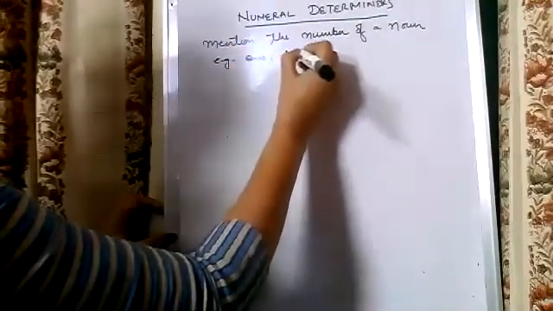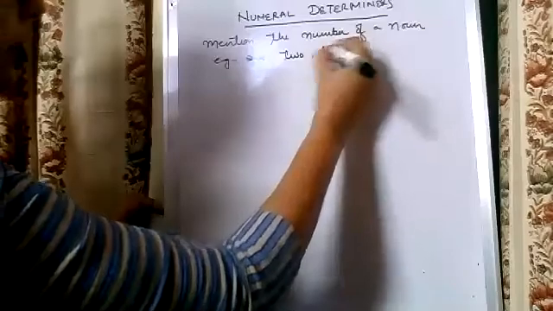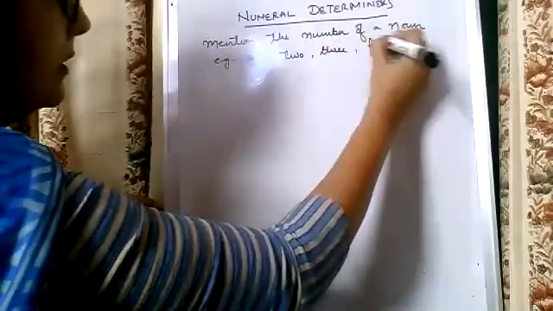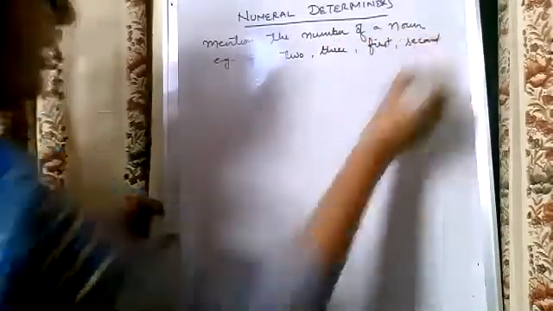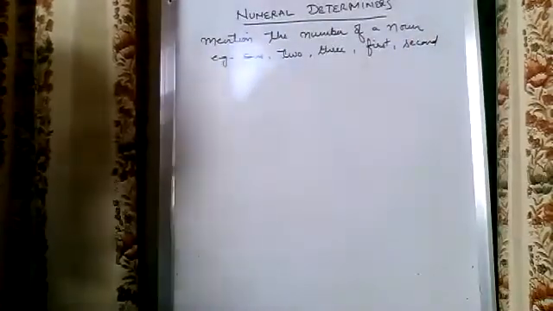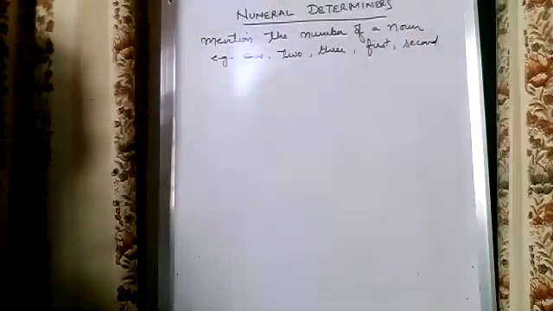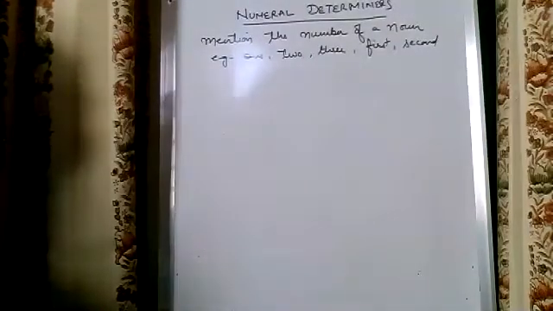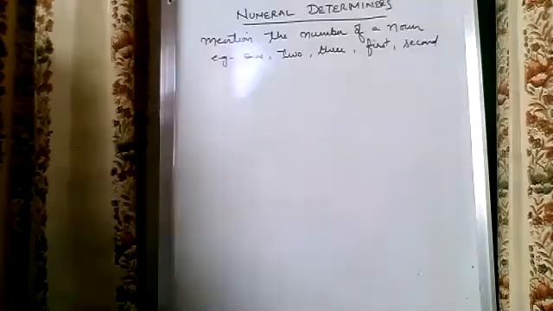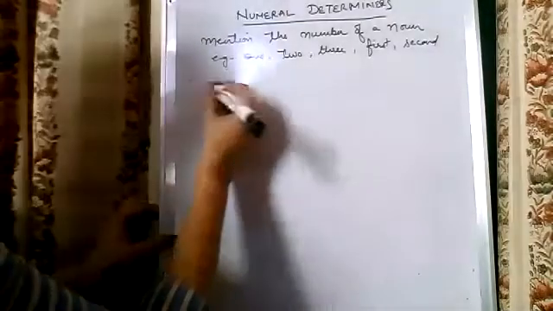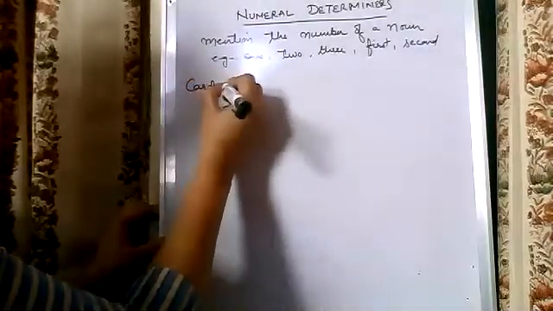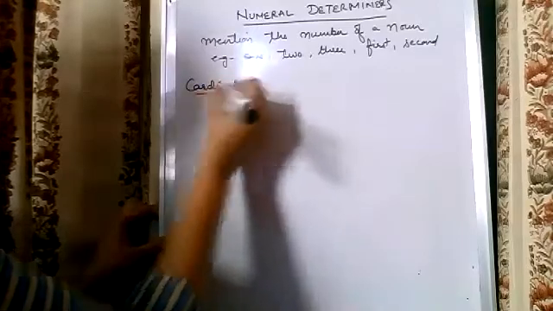1, 2, 3, first, second. So now you have seen that I have made a little bit of change in it. First I said 1, 2, 3, and then I wrote first, second. So it means that these are of two types: cardinals and ordinals.